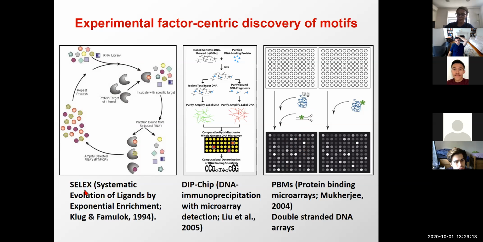A second one is SELEX, systematic evolution of ligands by exponential enrichment, which basically builds an RNA library, washes it against a protein target of interest, and then partitions the bound versus unbound RNAs, and then repeats the process. So at every iteration you are selecting those RNAs or DNA segments that were bound by the protein of interest, and you keep iterating until you've selected the subset of DNA sequences that are bound.